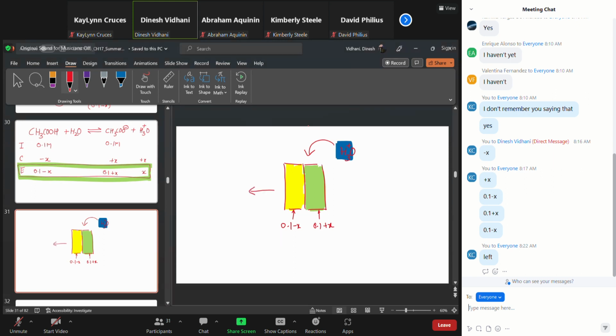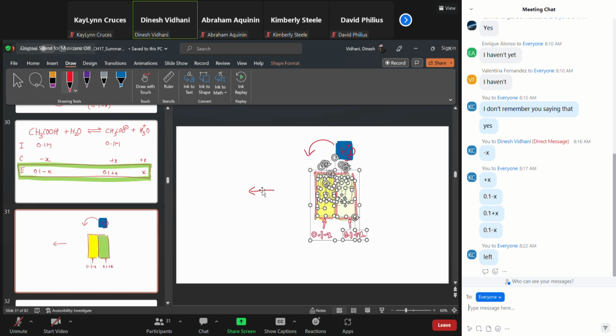Now, when I do that, can you tell me what should be the concentration of acetate ions when the whole thing shifts to the left side? First I will show you in terms of concept, and then we will do some equations on it.